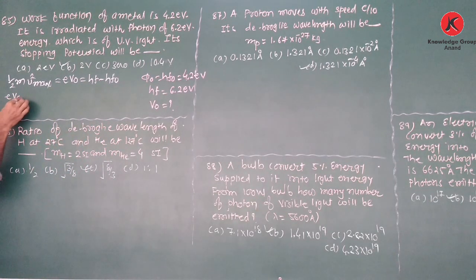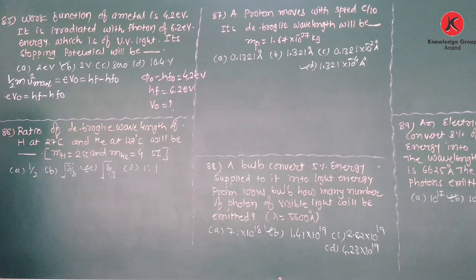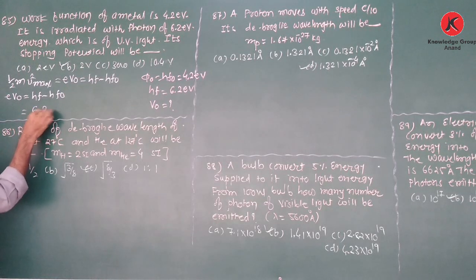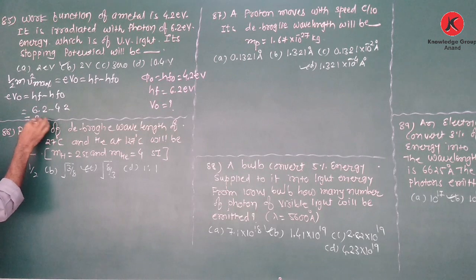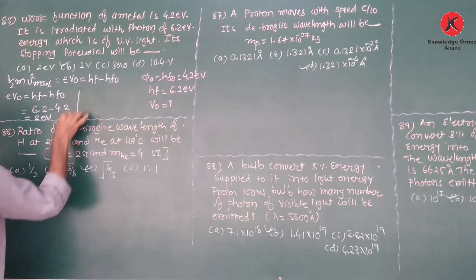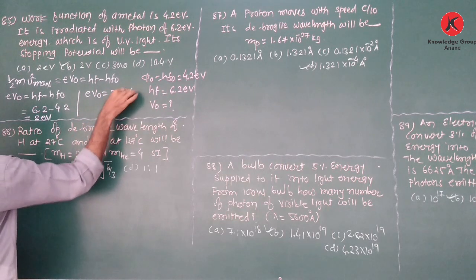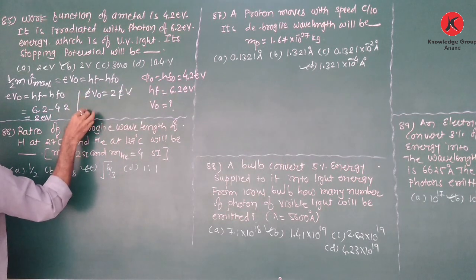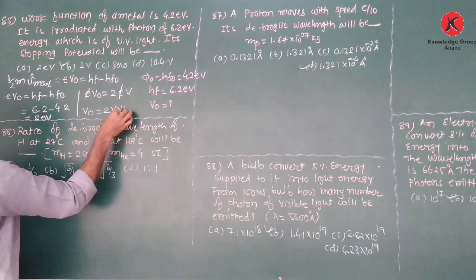Therefore, eV0 is equal to hf minus hf0. hf and hf0 are given: 6.2 minus 4.2, that means 2 electron volt. Thus, we obtain eV0 is equal to 2 electron volt. e cancels. Therefore, the value of stopping potential is 2 volt.